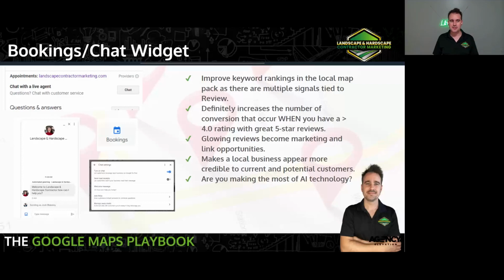So this used to be present on your Google profile, but you can have this present on your website. So a booking appointment scheduler here, you can have that on your Google business profile, but getting people to your site, there's some opportunities here to make the most of AI technology now.